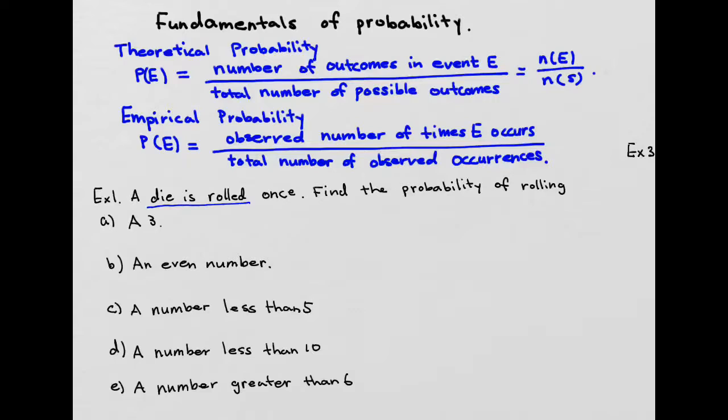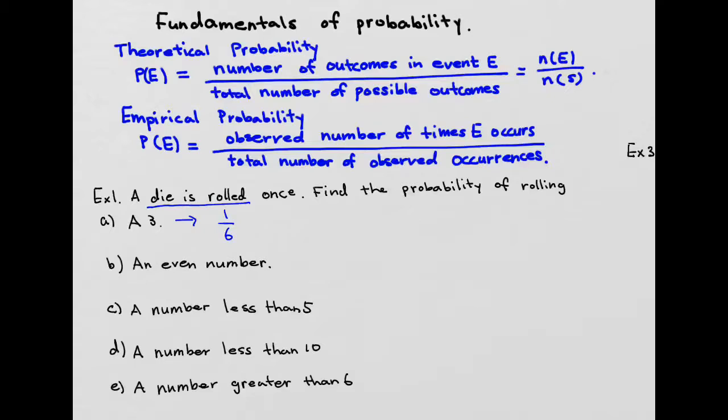Out of 6 sides, when you're rolling, you can get 1 through 6. So that's the total outcomes. Total outcomes is 6, and getting a 3 is 1 out of 6. So that's your probability: 1 out of 6.